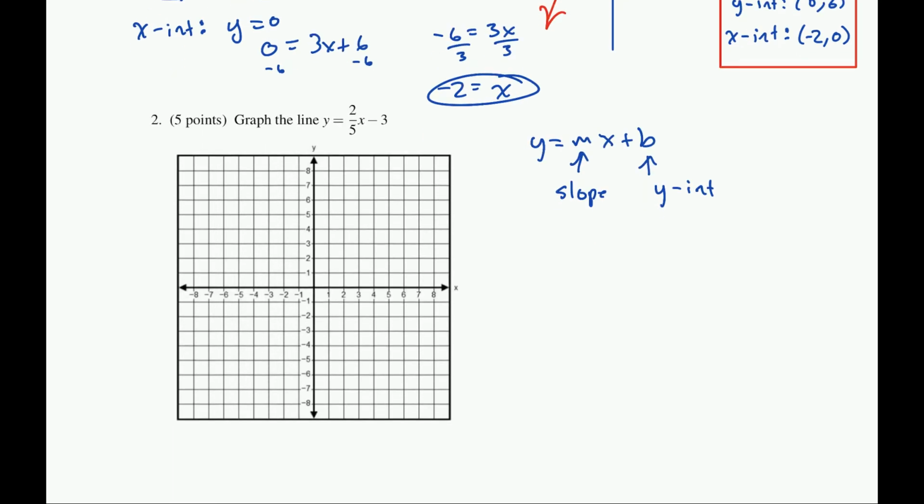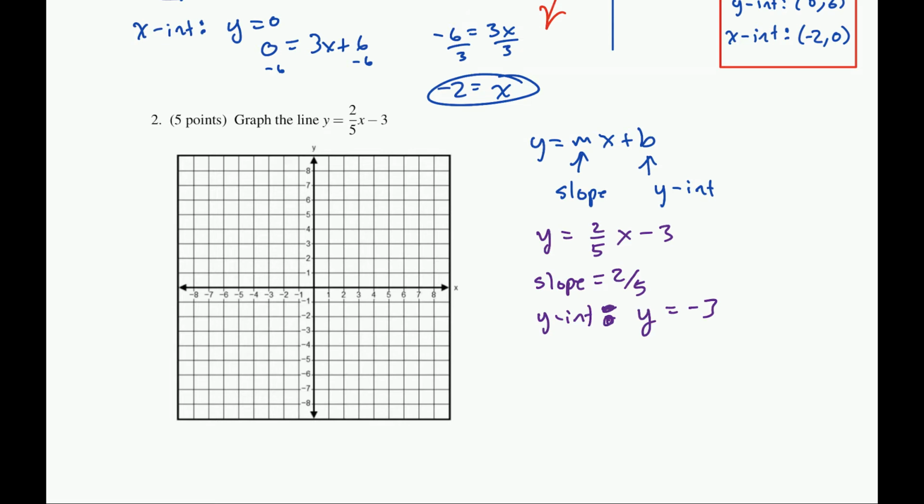So in our equation here, y equals 2/5 x minus 3, the slope is 2/5, and the y-intercept is y equals minus 3.